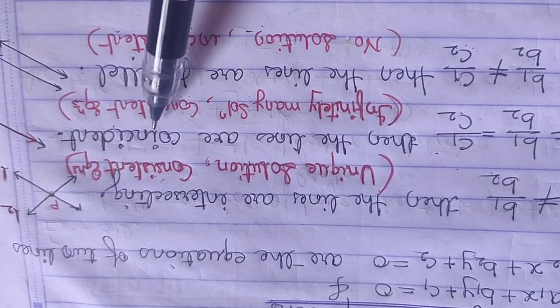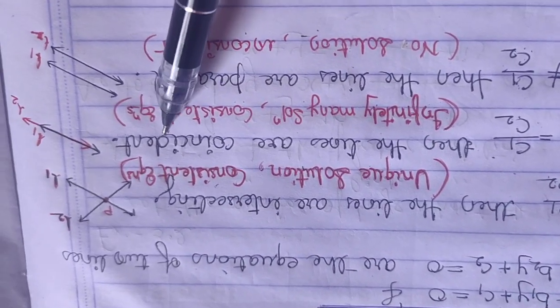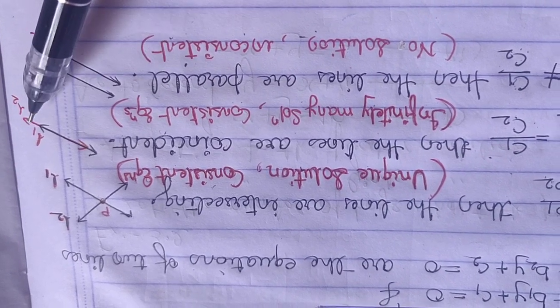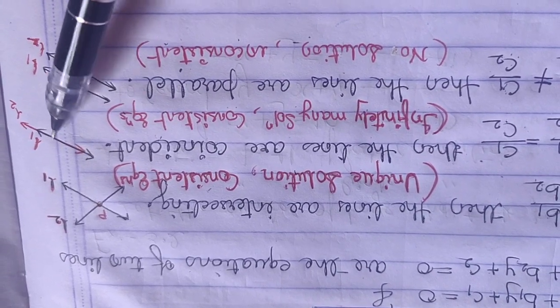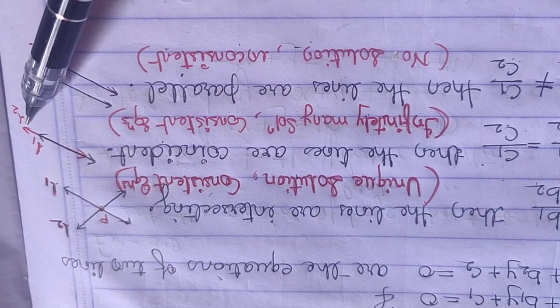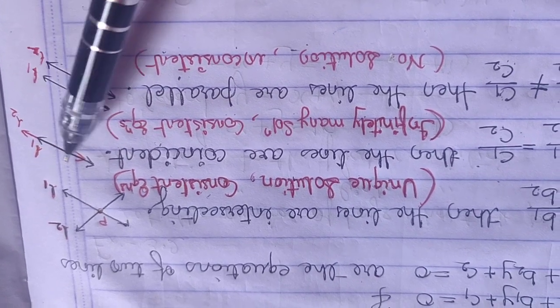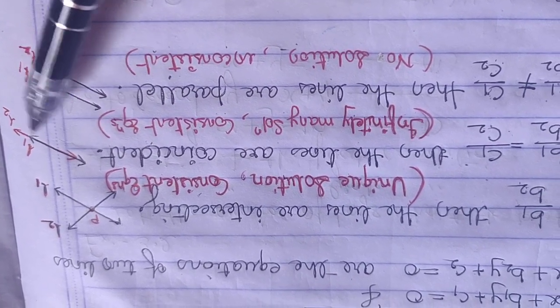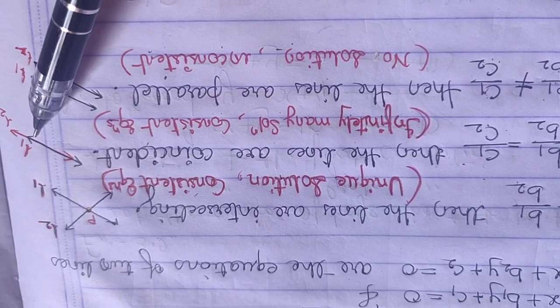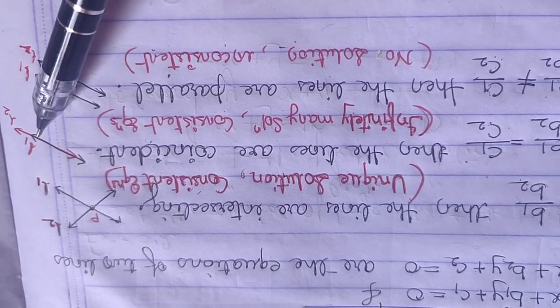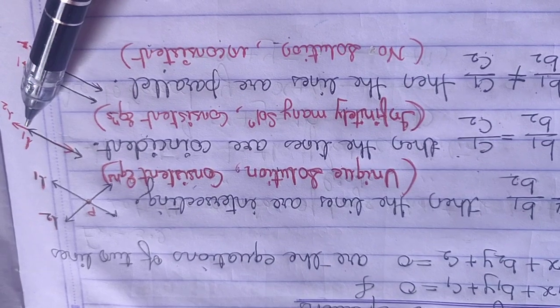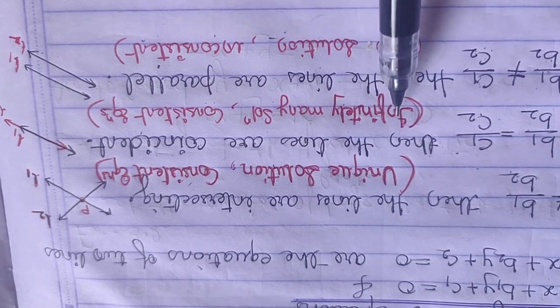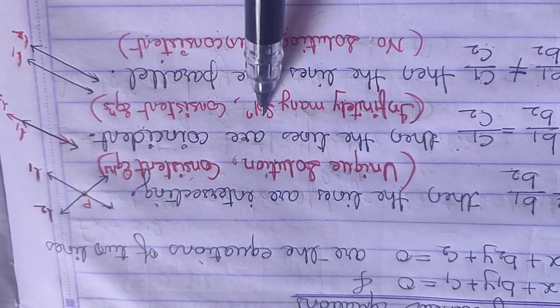Coincident means overlapping lines. You can see here line L1 and L2 are along the same line. They coincide with each other, they overlap each other. And when the lines coincide, there are infinitely many solutions.